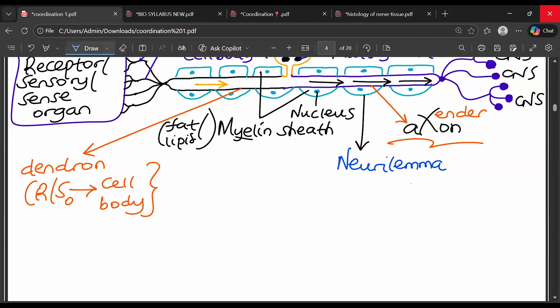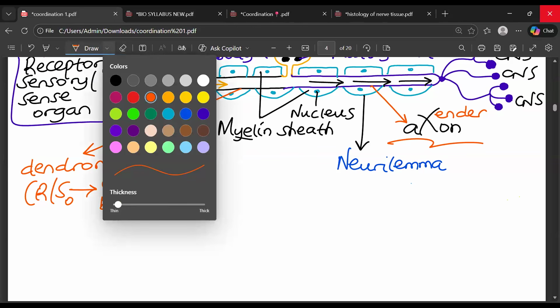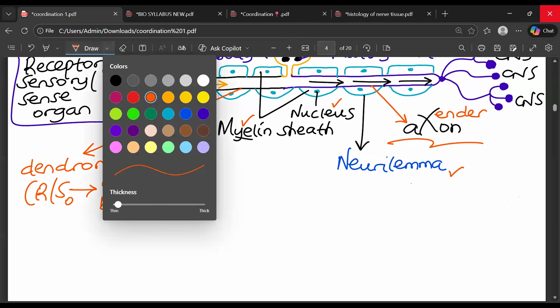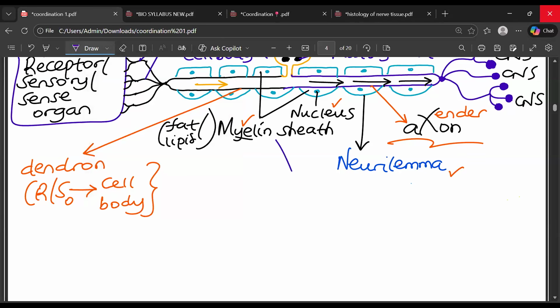So realize we have something in common. We have the myelin sheath. It is together with the nucleus and also together with the neurolemma. So those three things have a general name. When you get the myelin sheath, you get its nucleus, you add on the neurolemma, you come up with a complete cell.